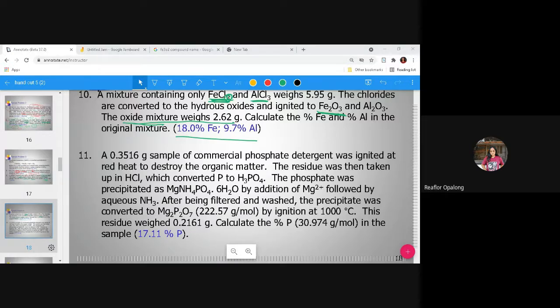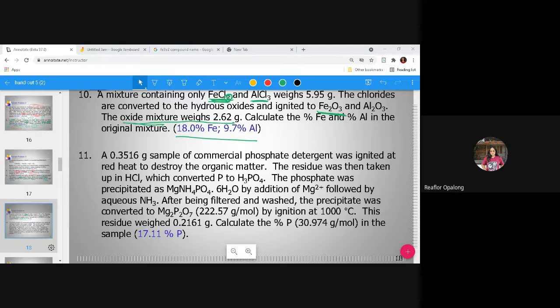This phosphate was precipitated as MgNH4PO4·6H2O by addition of Mg2+ followed by aqueous NH3.